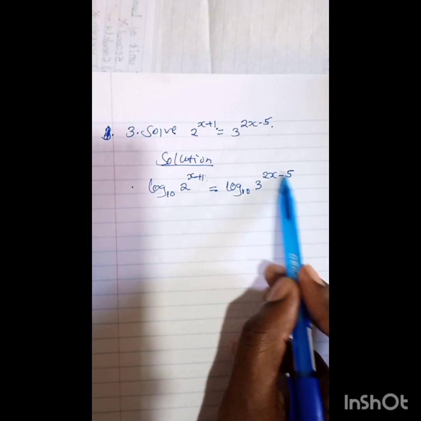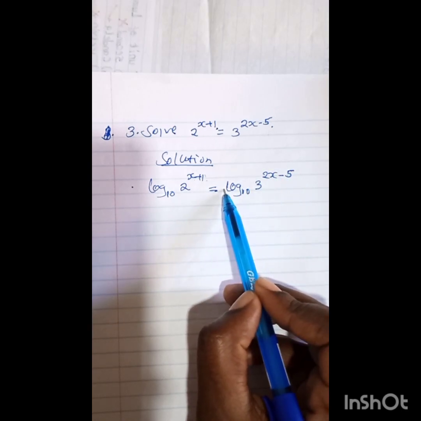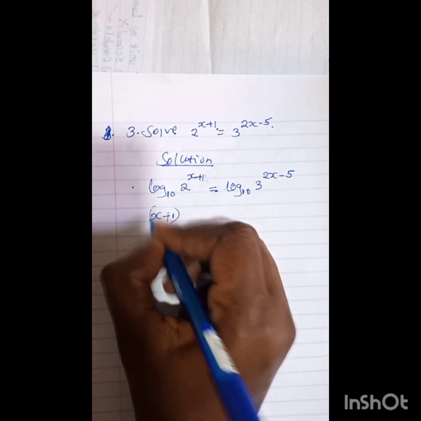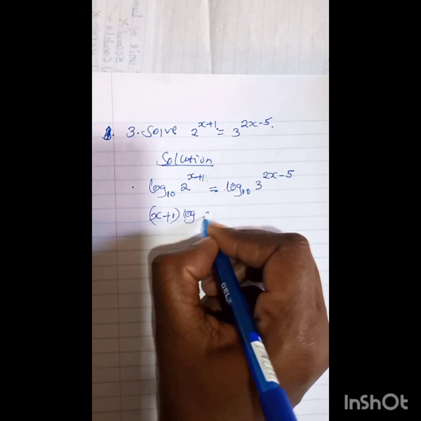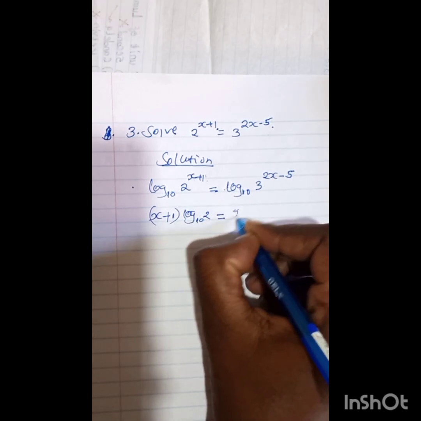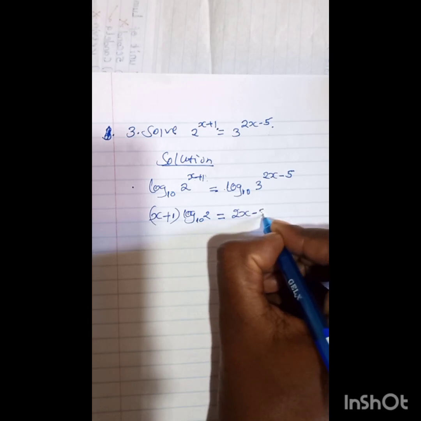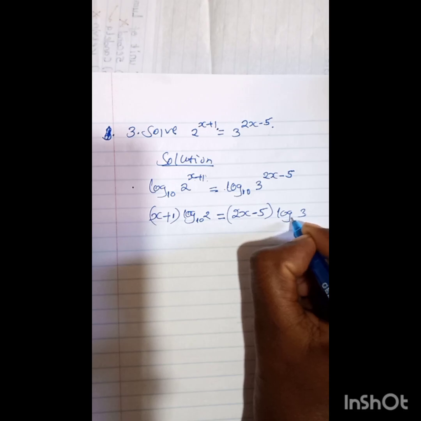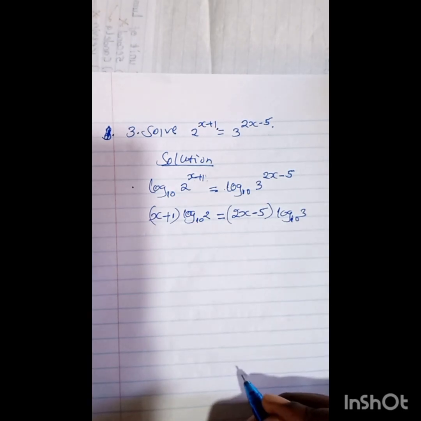I take this power to this side. So I will have x plus 1 logarithm of 2 to base 10 is equals to 2x minus 5 and then logarithm of 3 to base 10. We will have that.